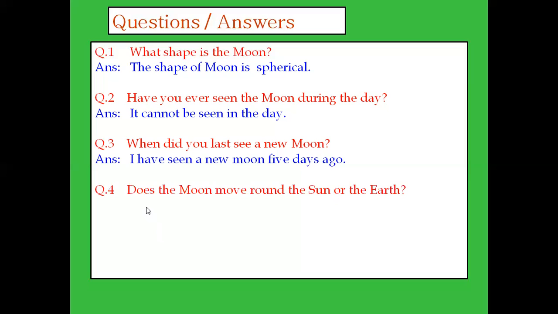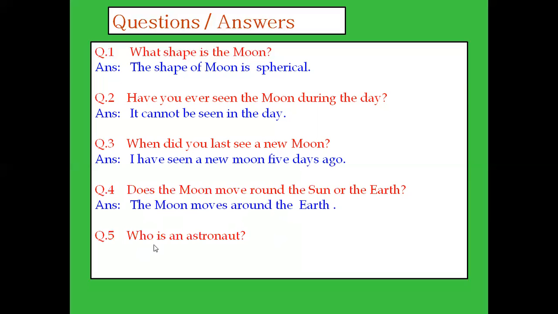Question number 4. Does the moon move around the sun or the earth? Answer. The moon moves around the earth. Question number 5.